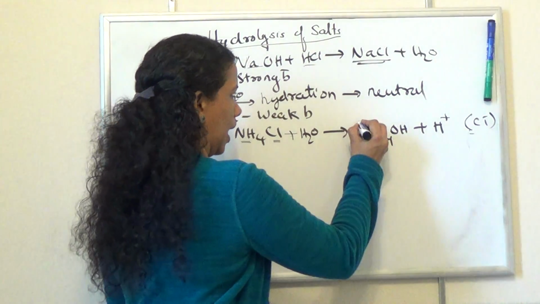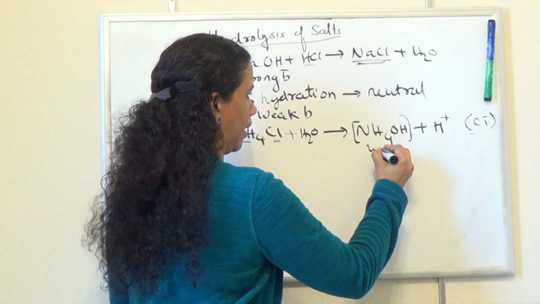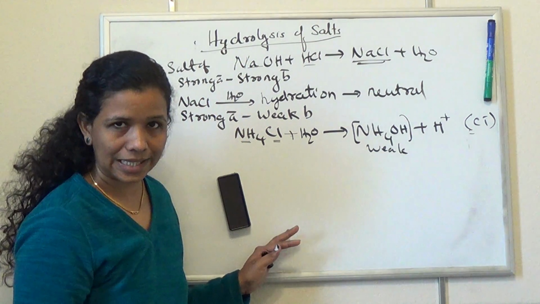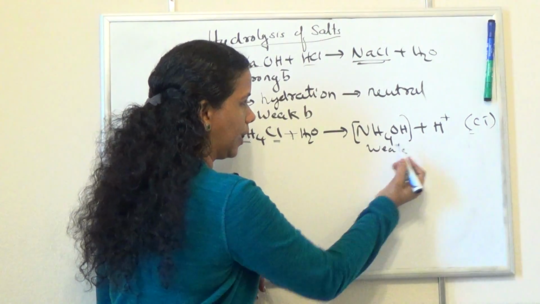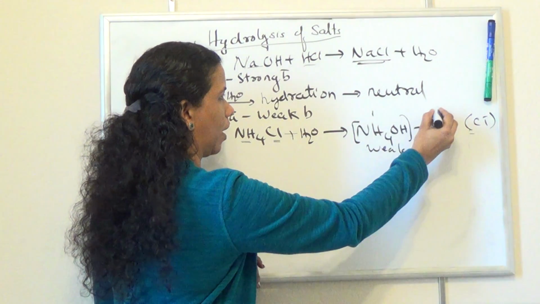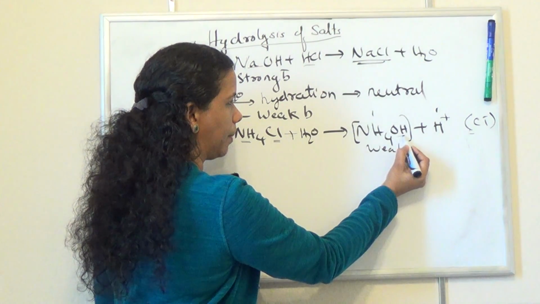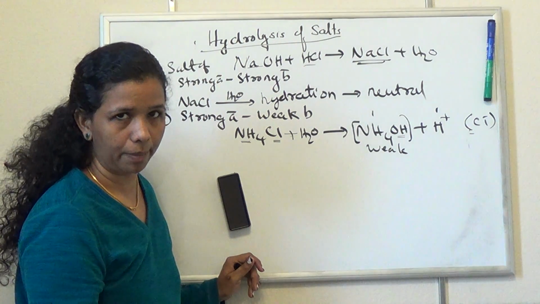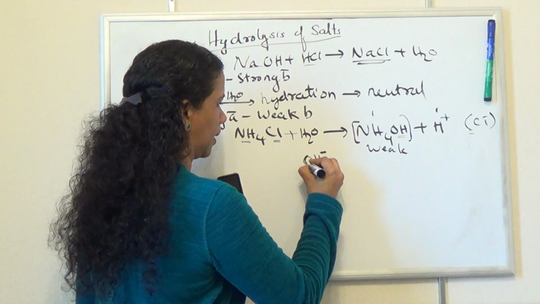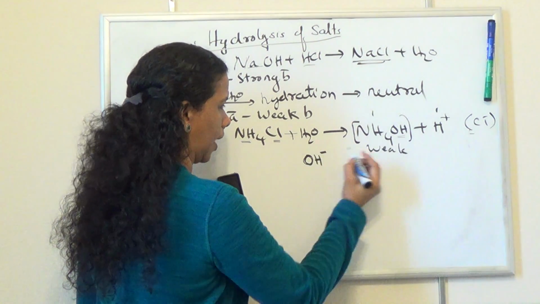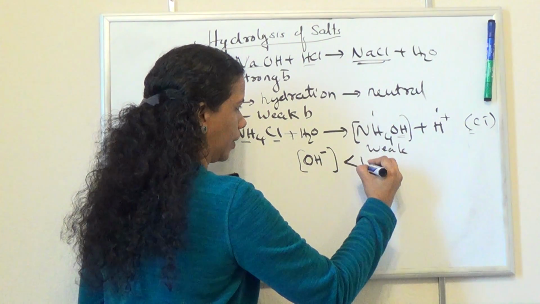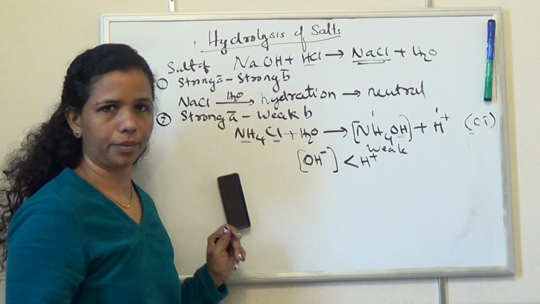Then we know that ammonium hydroxide is a weak base. It will undergo very little dissociation, not completely dissociated. Then if there is 1 mole of this and 1 mole of this, only a fraction of a mole of OH minus ion will be there. So the concentration of OH minus, because it is a weak electrolyte, will be less than the concentration of H plus ion.